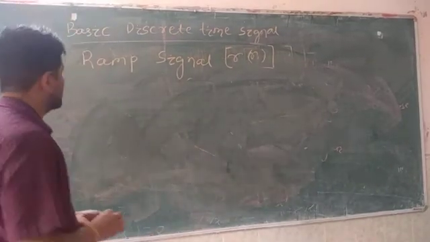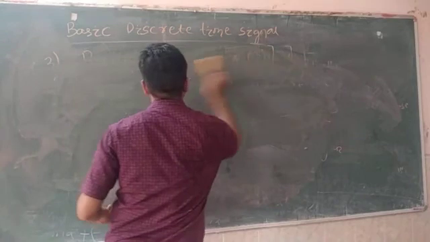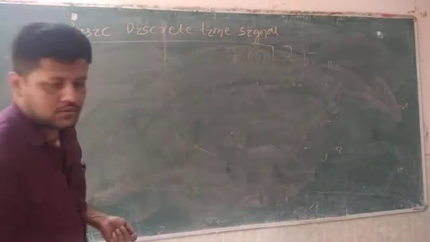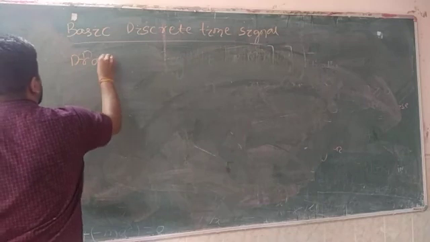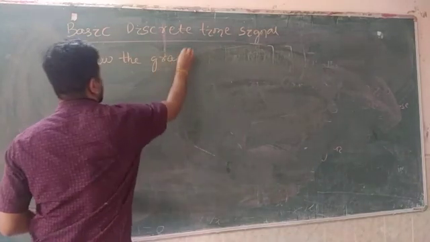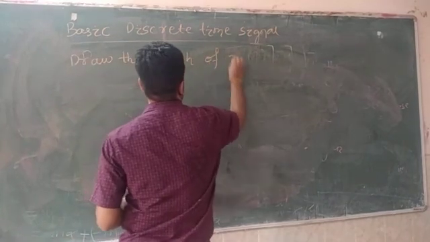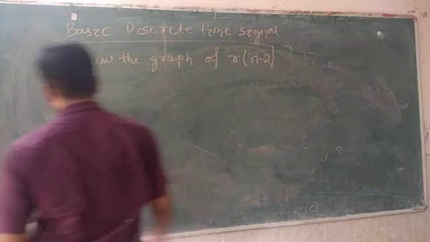That means draw the graph for r of n minus 2.